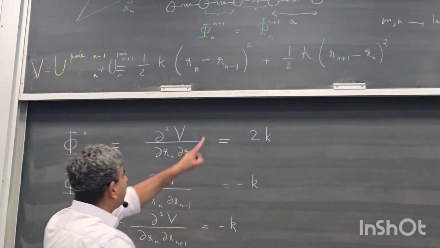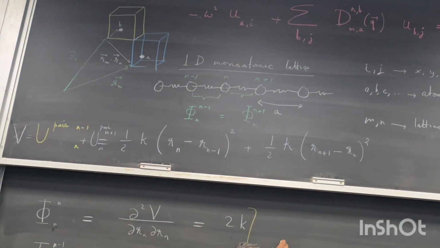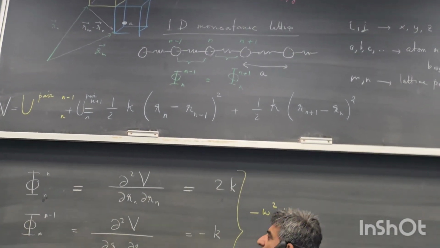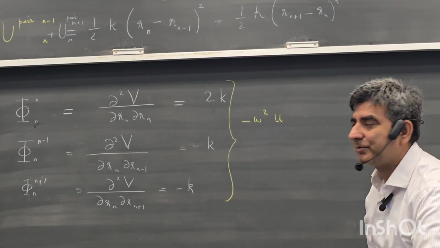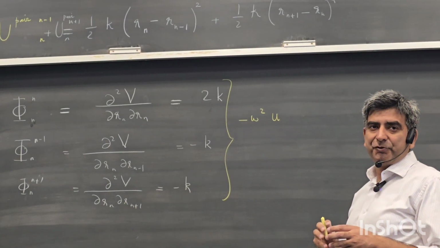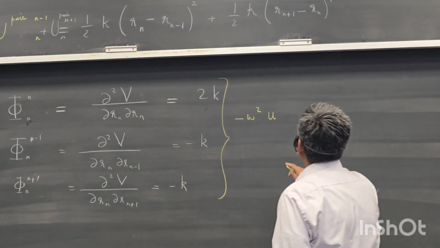Now I put everything inside that equation of motion. I have minus omega square u. Now I don't need to write out a and I, because a is just 1, I is just 1. Minus omega square u. U is the amplitude without the phase of any atom. Plus.